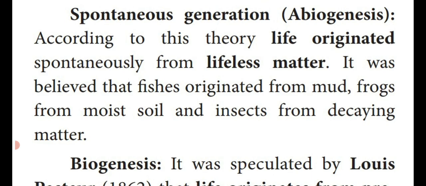According to the spontaneous generation or abiogenesis theory, life originated from lifeless matter or non-living things such as mud, moist soil and decaying matter. Decaying matter means waste material like cow dung and destroyed plant parts.